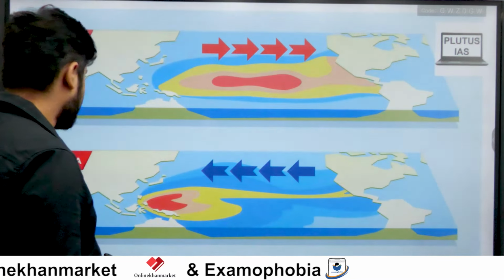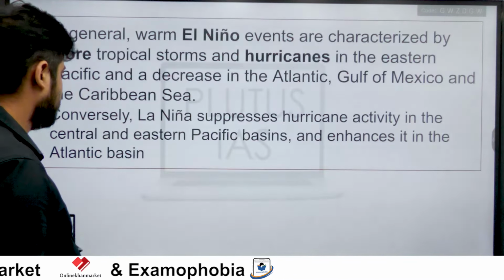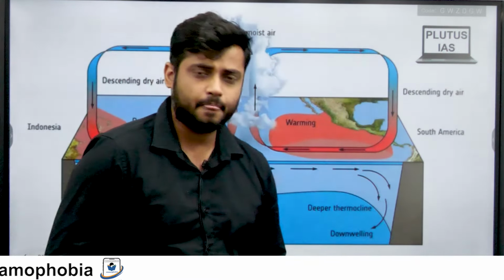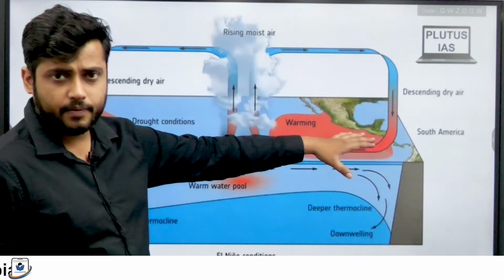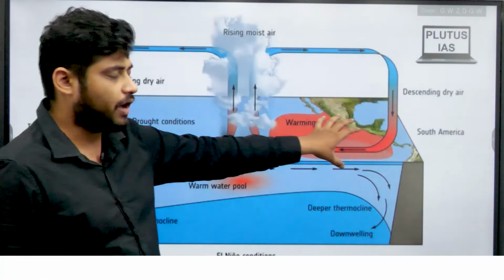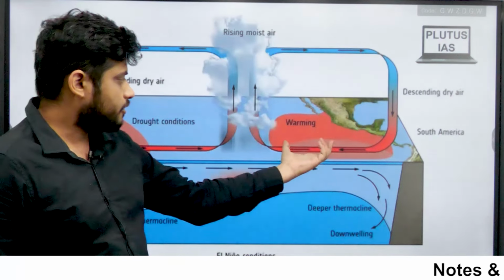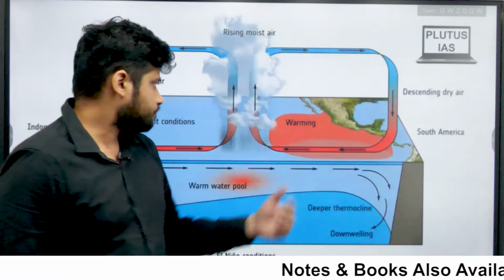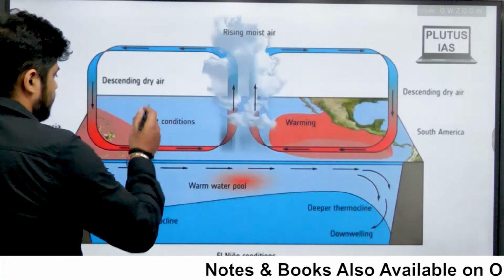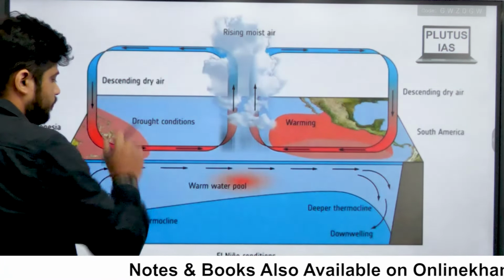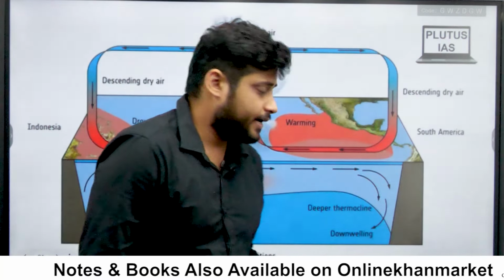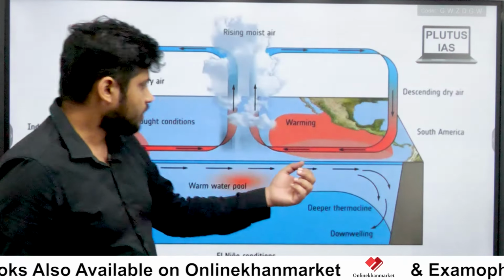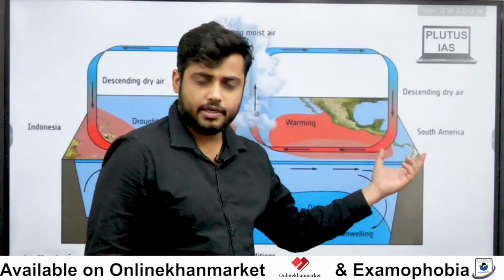I hope that this topic is very clear. Now, finally, this is the South American coast, and in case of El Nino, we have warmer sea surface, warmer water in the eastern part of the Central Pacific Ocean. So there would be dry conditions in case of El Nino in Australia and nearby and in Indonesia, and there are warmer conditions near the Peruvian coast.